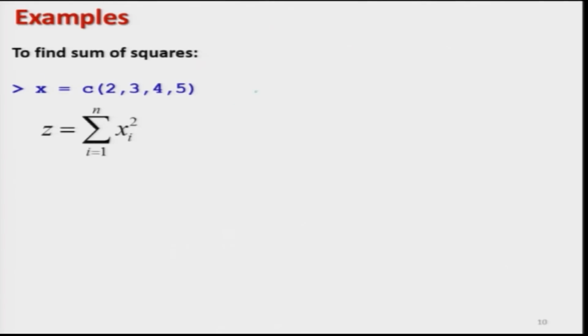For example, in statistics you will see at many places we need to find the sum of squares. Basically, suppose I have a data vector consisting of some values x1, x2, say xn, and I want to find the sum of squares of these values. That means you first square the values and then find the sum. Now using built-in functions, let me show what I can do.